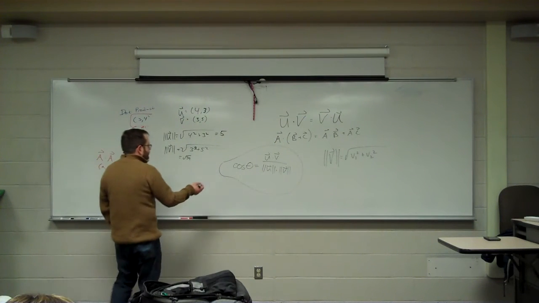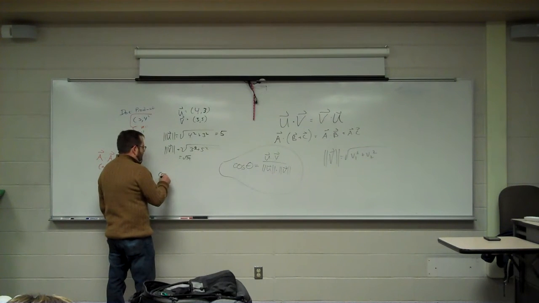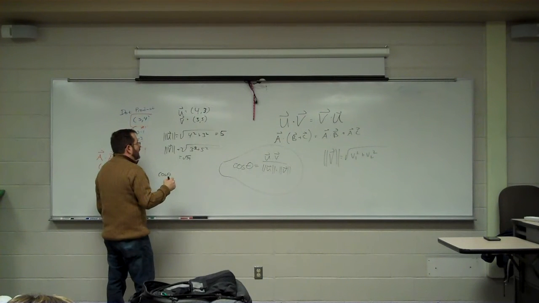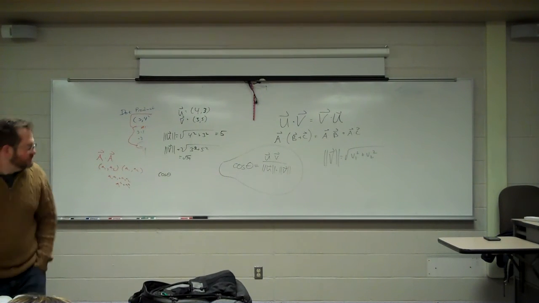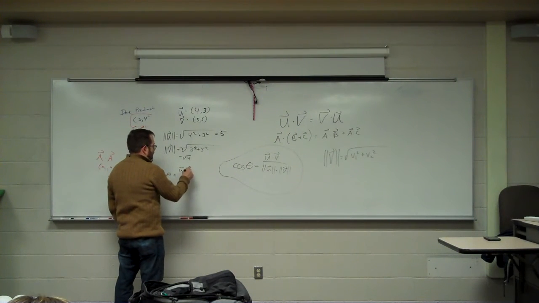So what's the angle between them? The cosine of that angle theta is going to be u dot v over the magnitude of u, which is 5, times the magnitude of v, which is the square root of 34.